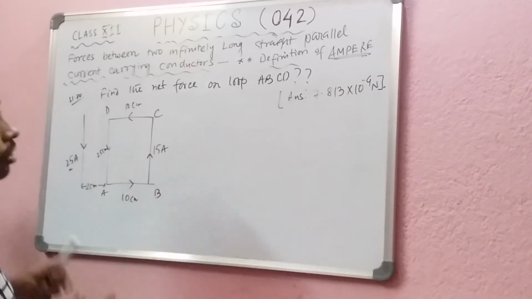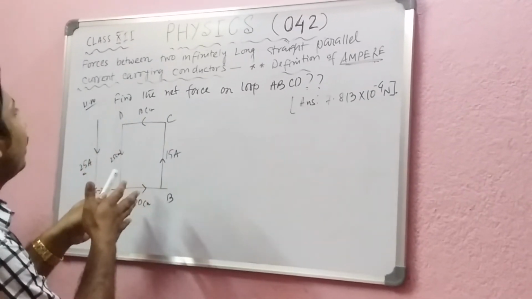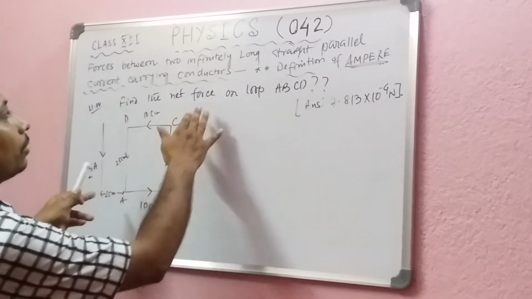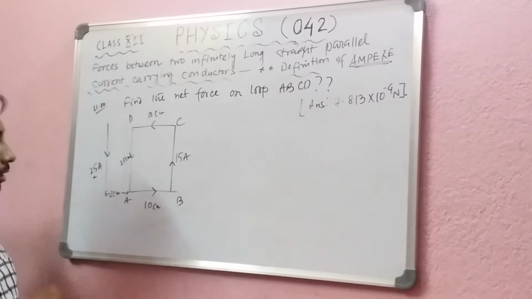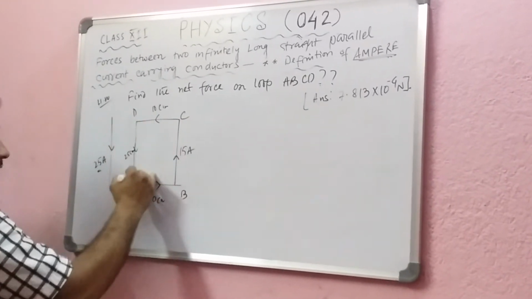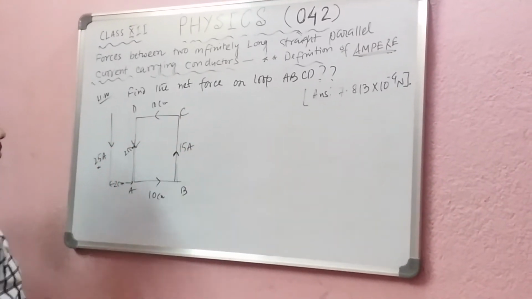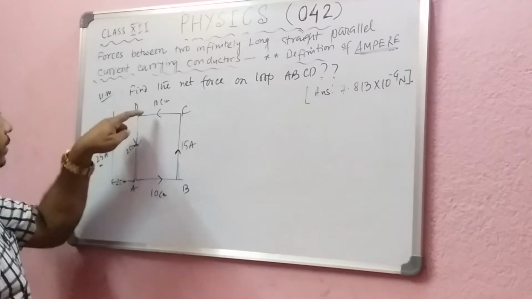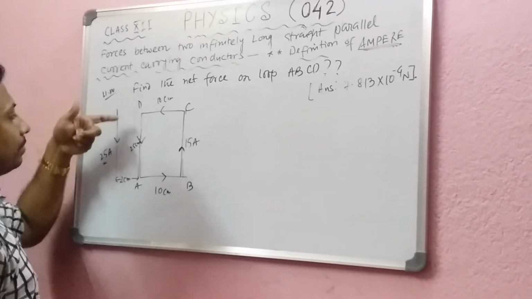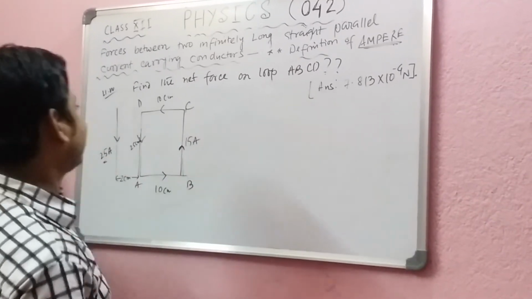Okay. Now you have to find out the net force on that rectangular loop. See students, you have to find for this wire and this wire. Okay, because for these two wires, the direction of current and magnetic field are perpendicular to each other, so the forces cancel each other.